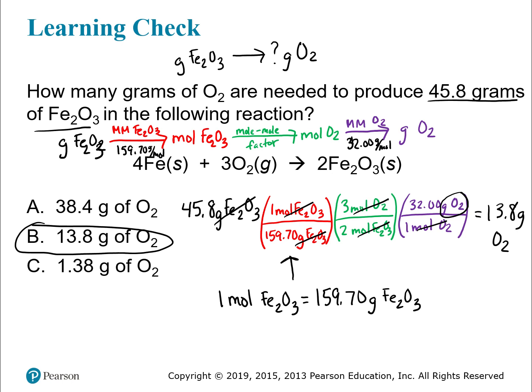So does that answer your question about the 1 mole versus the 2 moles? This second bridge comes from the mole-mole factor, and that's from the chemical equation.